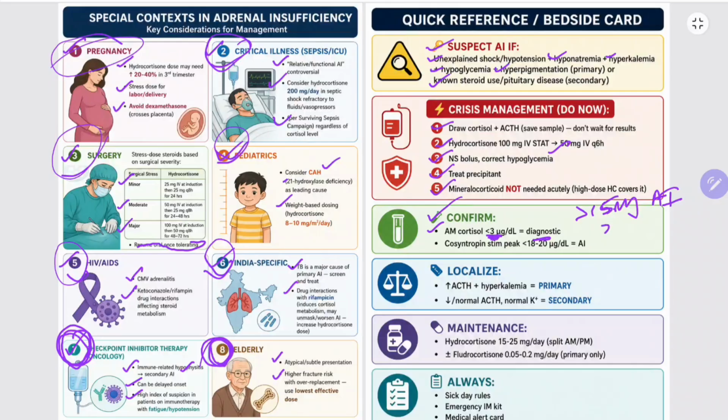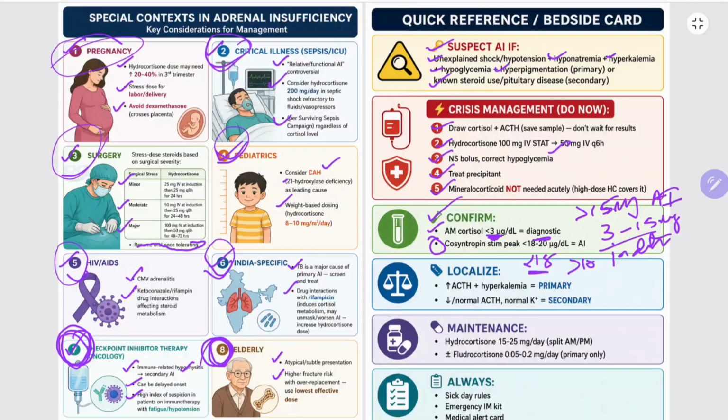If the AM cortisol is between 3 and 15 microgram, it is indeterminate and requires a confirmatory test, the cosyntropin test. In the cosyntropin test, 250 microgram of cosyntropin, meaning ACTH, is given, and samples are taken at 1 and 2 hours. If the cortisol level is less than 18, then AI is confirmed, and if it is more than 18, then AI is ruled out.